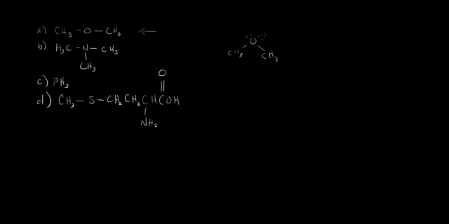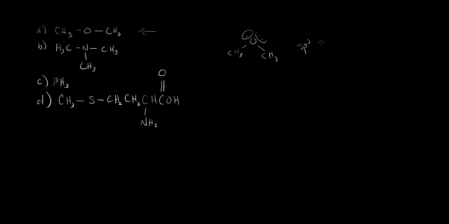Now, they want us to identify the non-bonding lone pairs, which is easy enough. You got these guys and these guys. That's two non-bonding lone pairs, and that's pretty much it. The geometry, let's do that right now. This would be sp3.